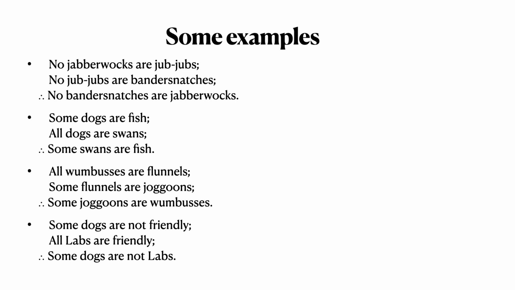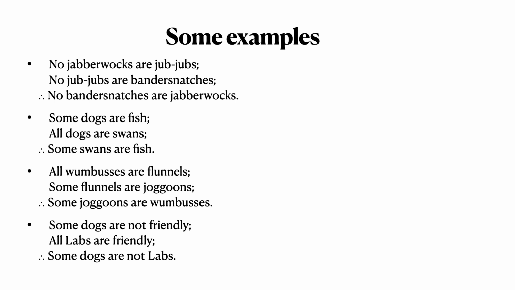So friendly, as the middle term, is distributed at least once. Do we have either of the terms distributed in the conclusion without having been distributed in the premises? Labs is distributed in the conclusion, but also distributed in the premises. Dogs is undistributed in the conclusion, so we don't need to worry about whether it's distributed in the premises. So there's no violation of rule 3.